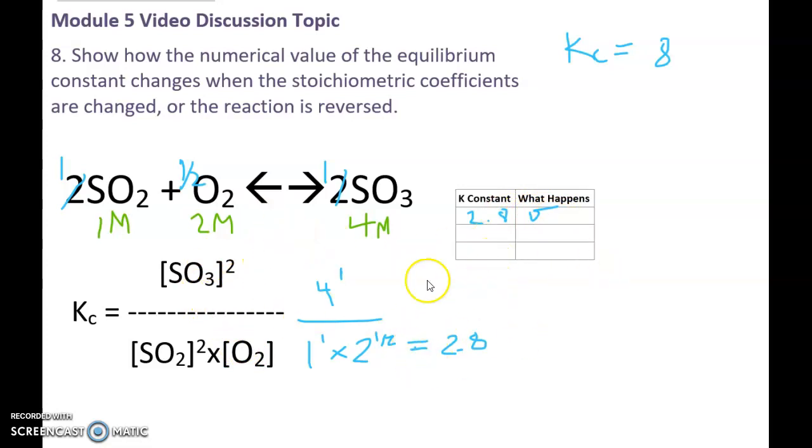So what if we decided to multiply our coefficients this time? So now we're going to take these and double them.